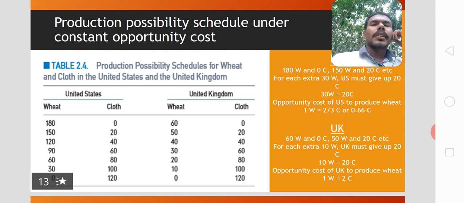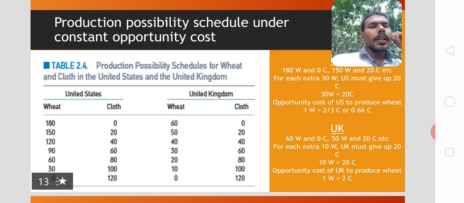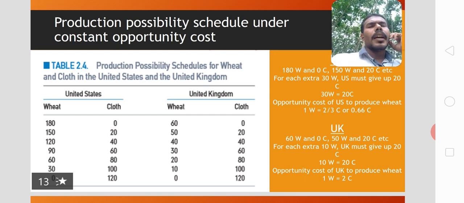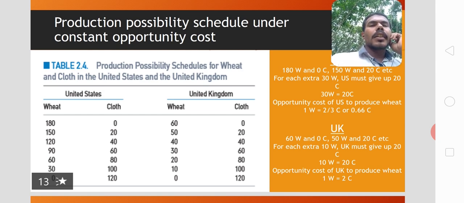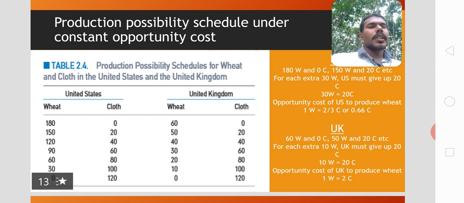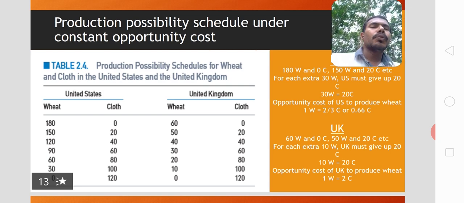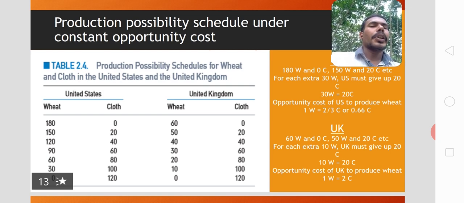So look at the first two columns of the table. That belongs to the United States production status of wheat and cloth. When the United States is specializing in wheat, it can produce a maximum of 180 units of wheat and no units of cloth.